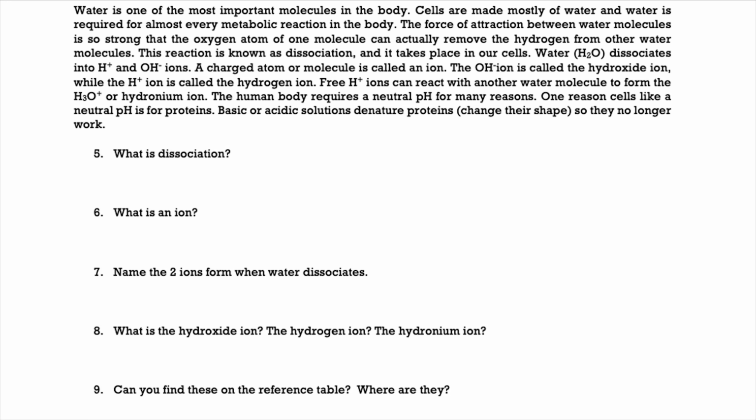A charged atom, or molecules, is called an ion. The OH ion is called the hydroxide ion, while the H+ ion is called the hydrogen ion. Free H+ ions can react with other water molecules to form H3O+, or hydronium ion. The human body requires a neutral pH for many reasons. One reason cells like a neutral pH is for proteins. Basic or acidic conditions denature proteins, change their shape, so they can no longer work.